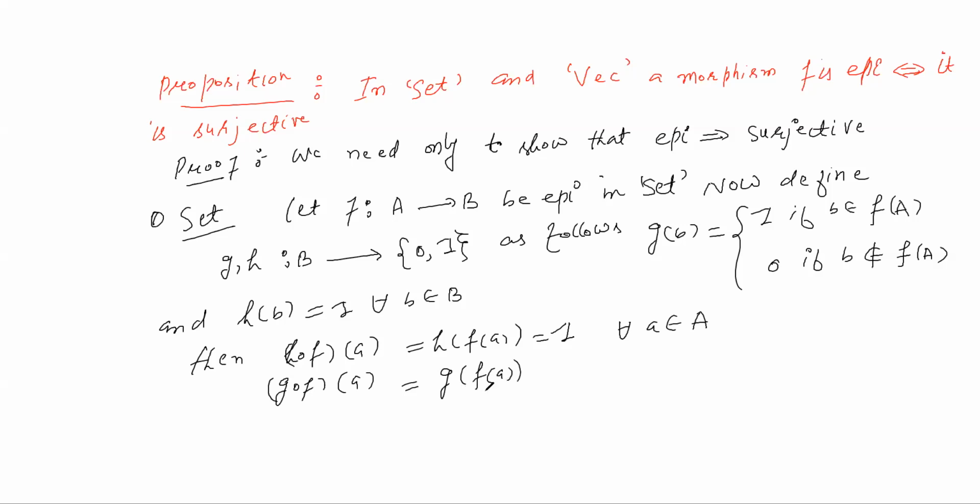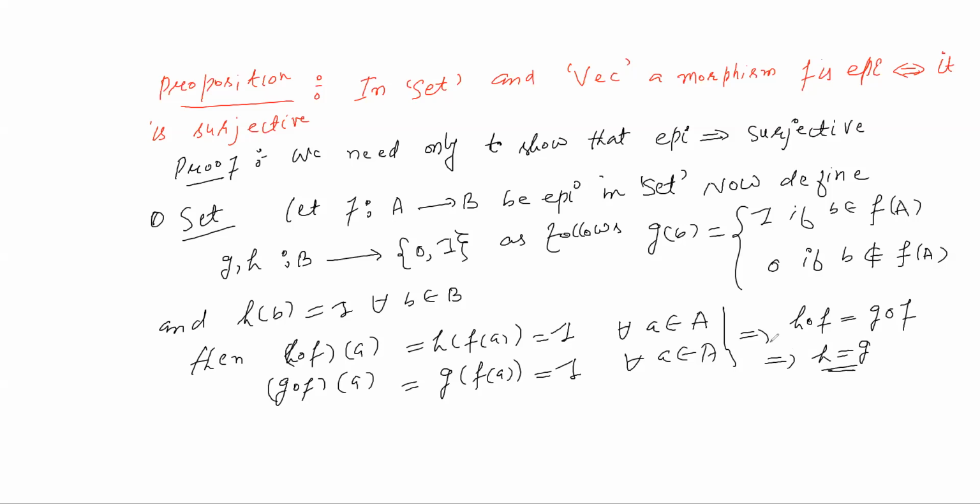Here you are getting an element in the image of f, say b, so again it is 1 by definition for all a. So this means h composition f is the same as g composition f, and since f is an epimorphism, it implies that h is the same as g.